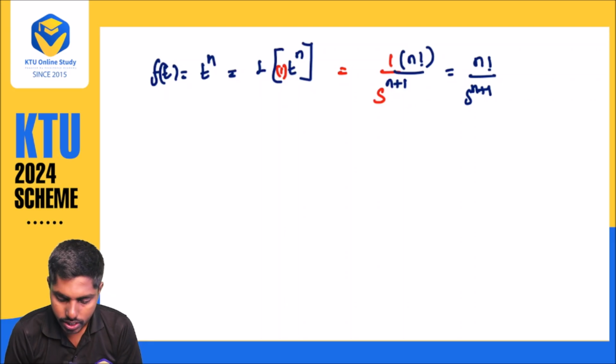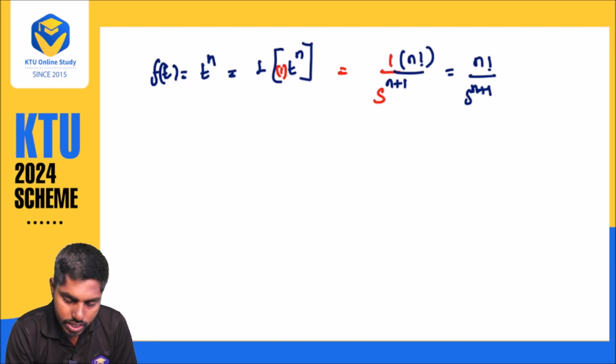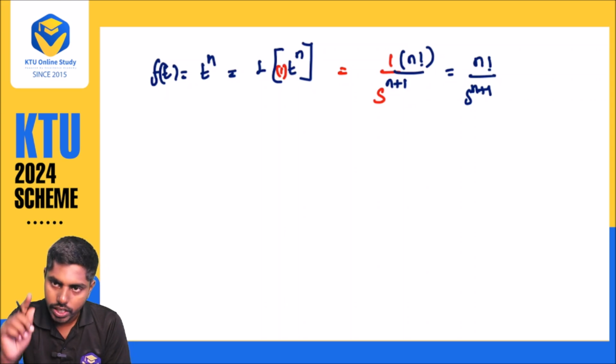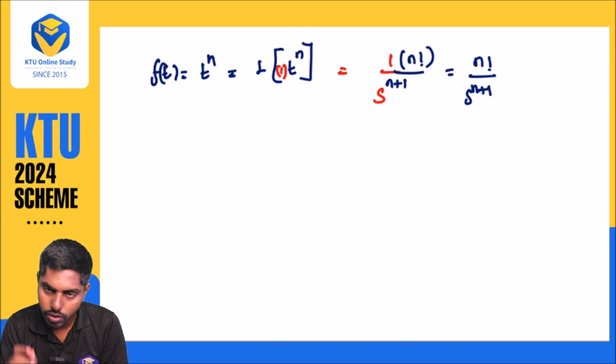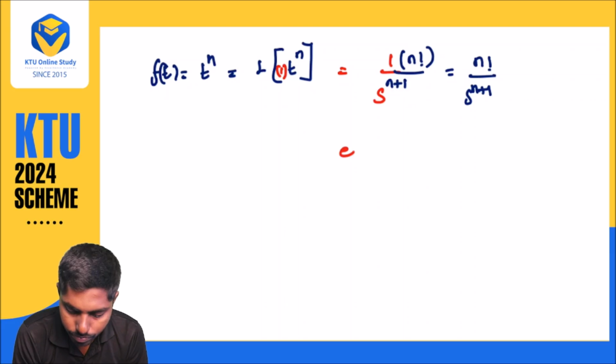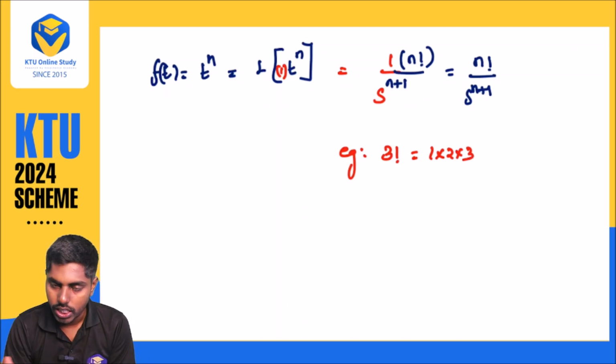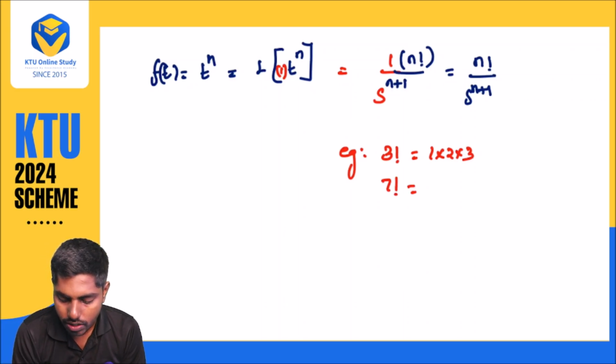Whenever you write 1 by s, it is t power n. t power n means s power n plus 1 in the denominator, and in the numerator you write n factorial. Factorial means what? For example, 3 factorial means 1 into 2 into 3. 7 factorial means 1 into 2 into 3 into 4 into 5 into 6 into 7.